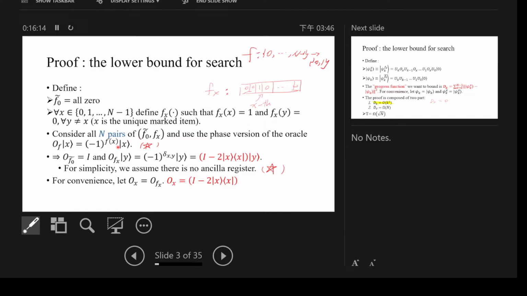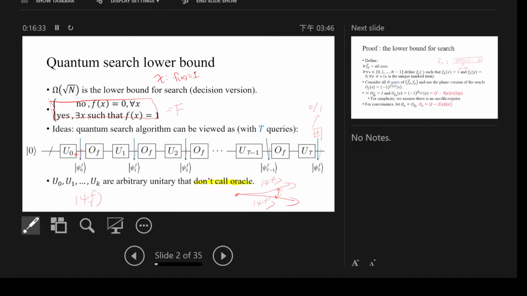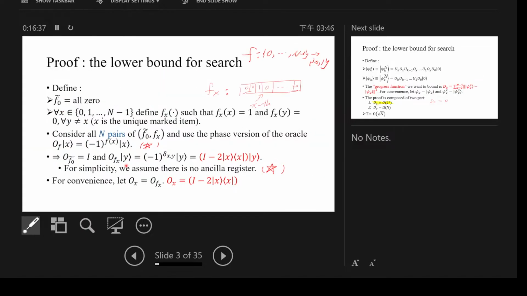Then O_f0 tilde is just identity, because all of the f of x equal 0 here, and they just have all f of x equal to x. So this is identity, so we don't need to care about O_f0 tilde. So in the no instance, all those things are identity here. Okay, that's the first thing. That's nice.